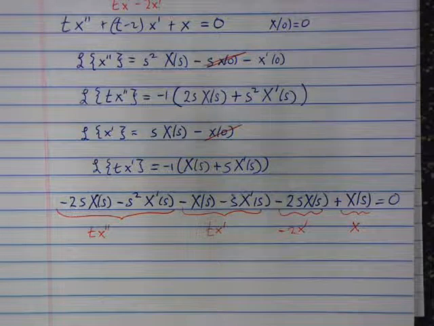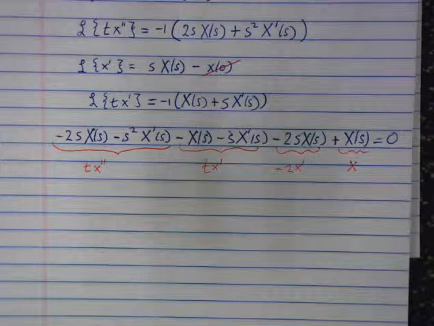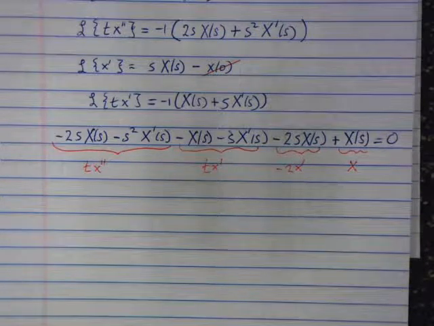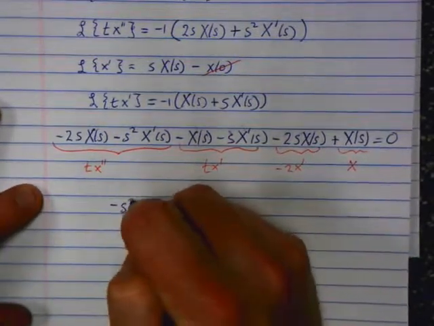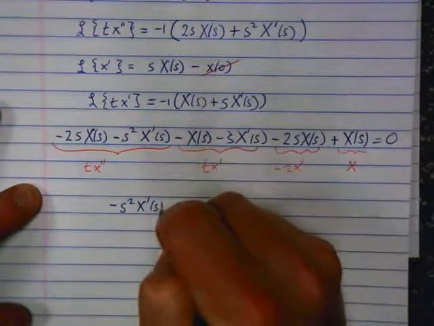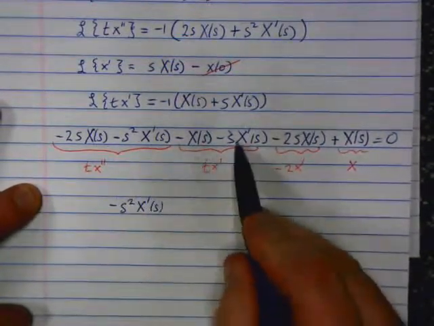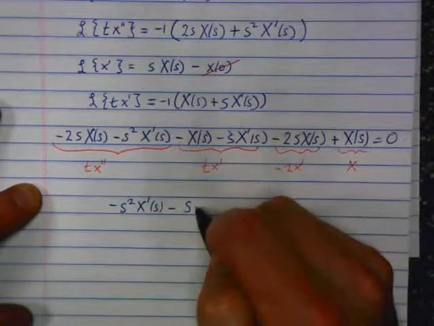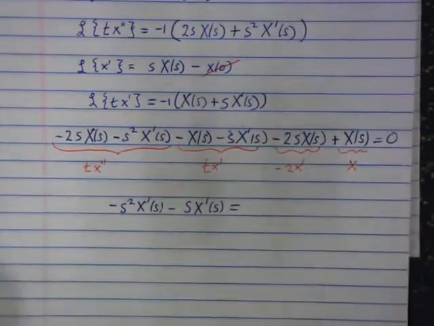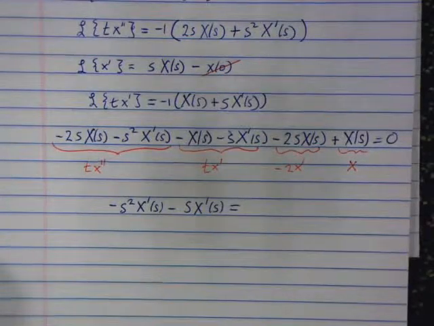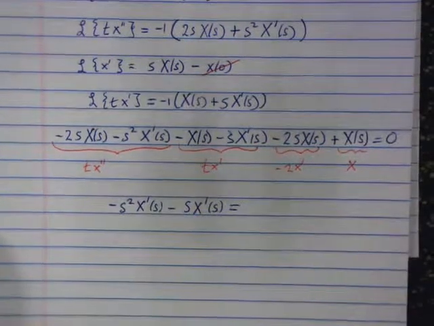Okay, so here's what we're going to do. We're going to get all the things that have the capital X prime on one side and all the things that have just the x on the other side. That means I have minus s squared x prime minus s x prime equals... there's a lot of them here.